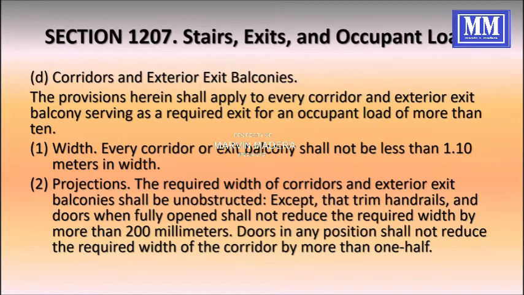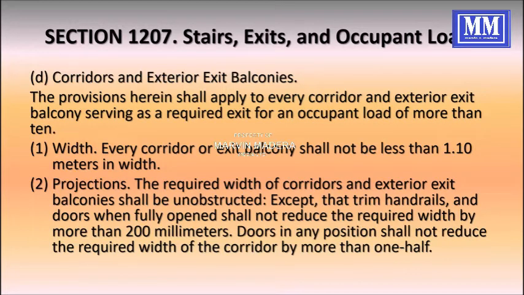The required width of corridors and exterior exit balconies shall be unobstructed, except that trim, handrails, and doors when fully open shall not reduce the required width by more than 200 millimeters. Doors in any position shall not reduce the required width of the corridor by more than one half.